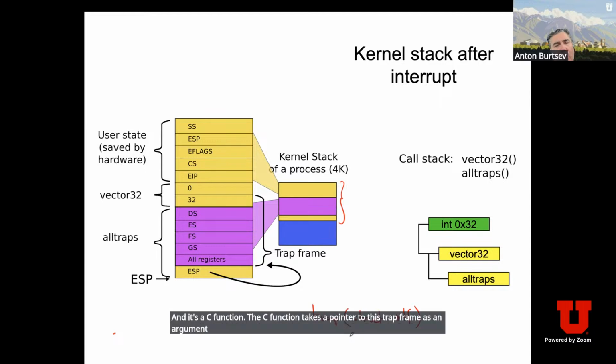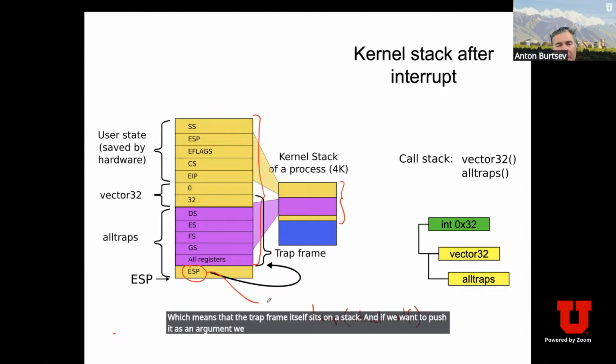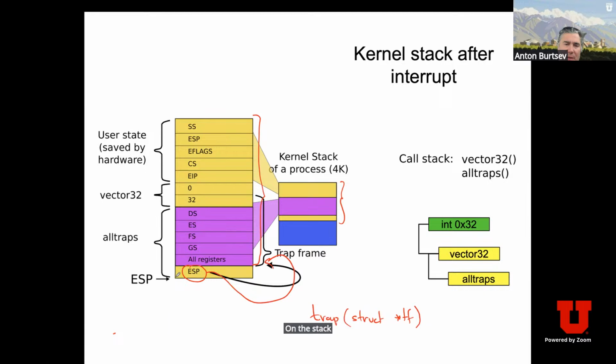According to the calling convention, if we want to pass an argument, we just have to push it on the stack, which means the trap frame itself sits on the stack. So we essentially push the pointer to the stack itself, meaning this will become the first argument for the trap function.